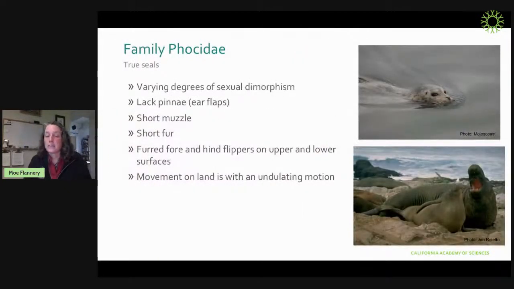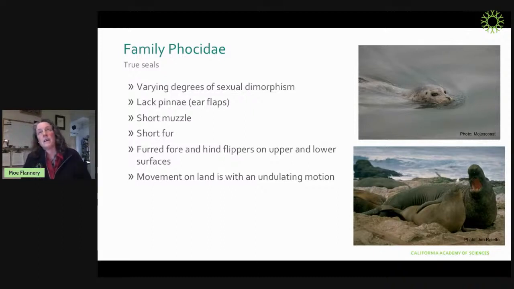Well, I might answer a couple questions about otariids. I see two in here before I move on to the next family of pinnipeds. So from Mega Crazy Girl, is fur color variation dependent on location, or is it more like an individual thing?